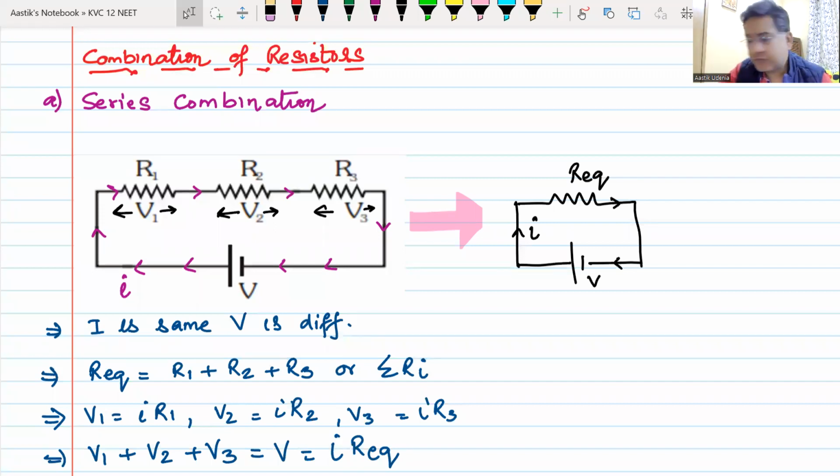Now, since we are on this series parallel combination, there is one thing also you must remember about resistors. In capacitors, we had seen that a capacitor stores energy in the form of electric field or electrical energy.